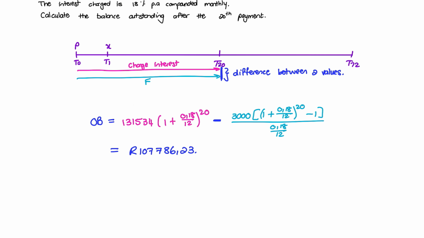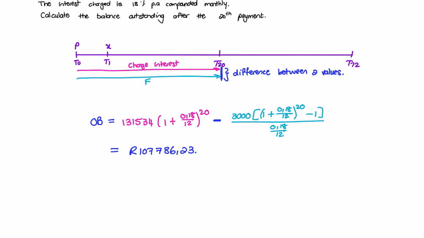So that's the 131,534 Rand. We charge 18% compounded monthly for a period of 20 payments or 20 times. Okay, so that's the total interest that you are charged on this loan. And then we subtract the payments that we have made.